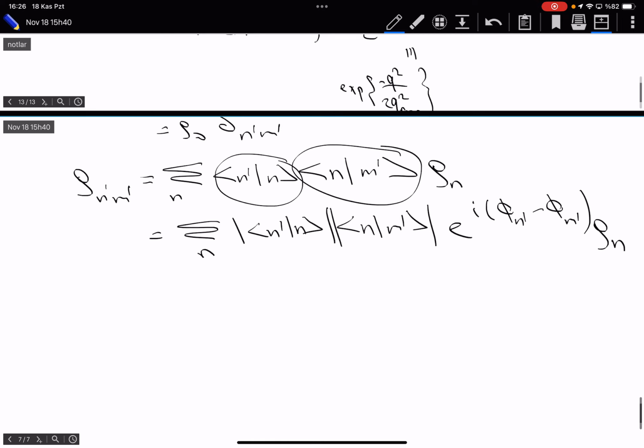But you see, these phases will be mainly arbitrary, not arbitrary, but they will be fluctuating. They will be changing as I change n and m. So what we often do is what's called the random phase approximation.